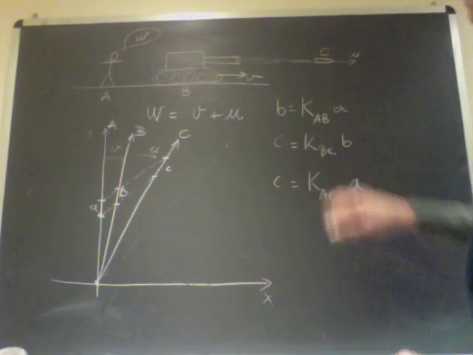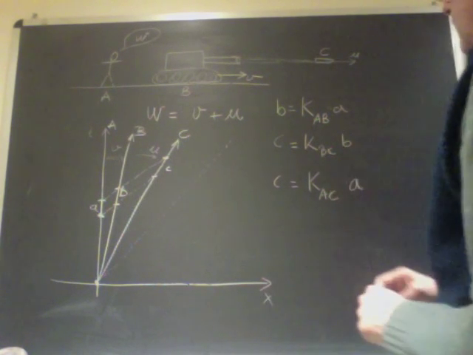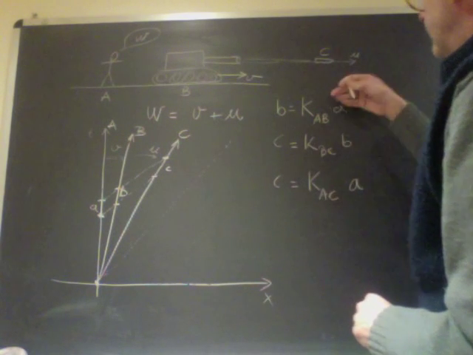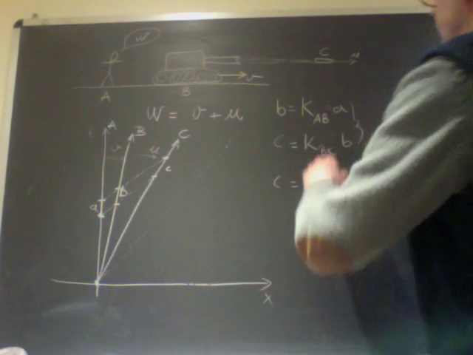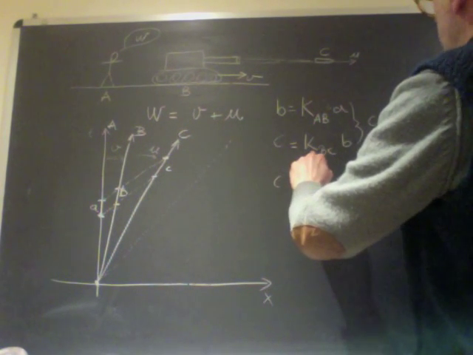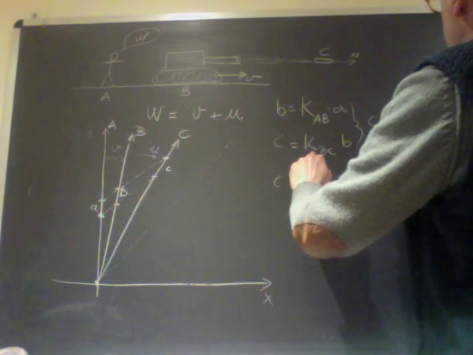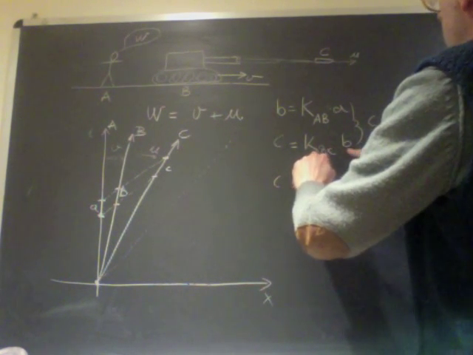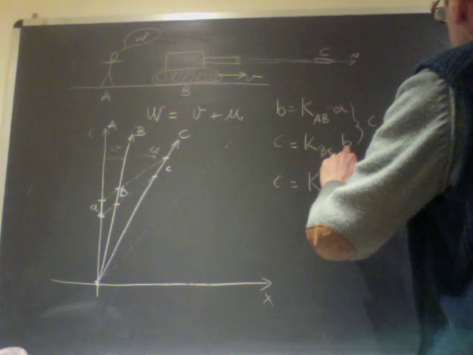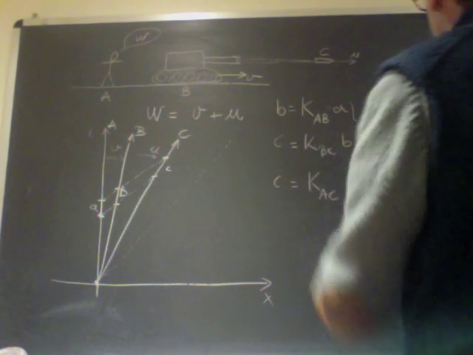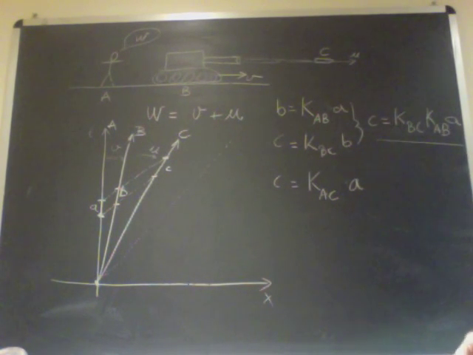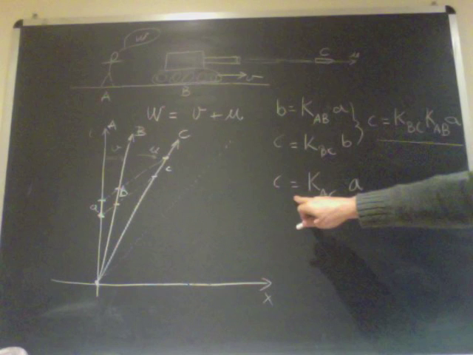From the first two, I know that c is equal to K_BC times b, but b is equal to K_AB times a. So from these two, I get this one.